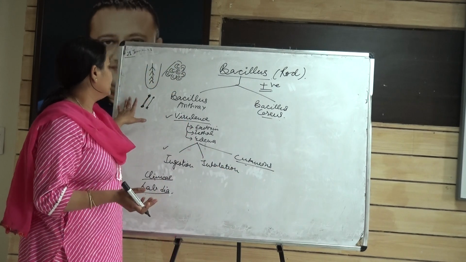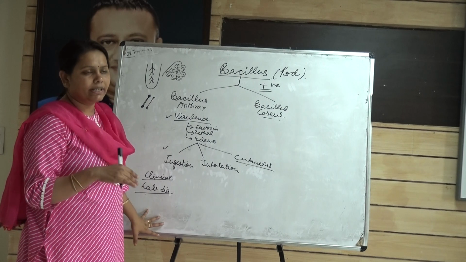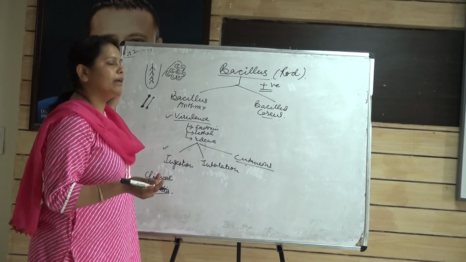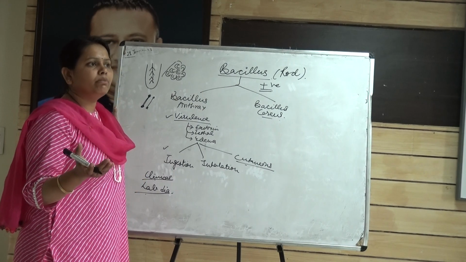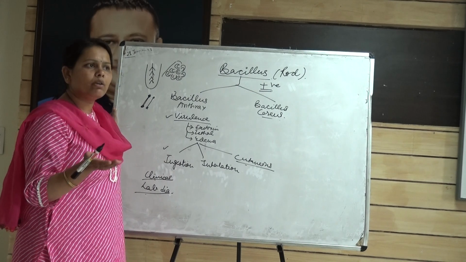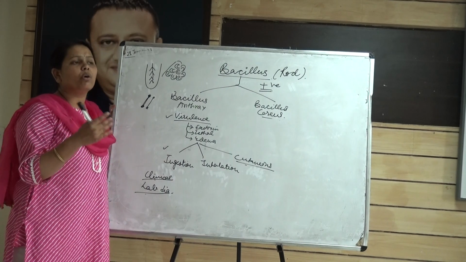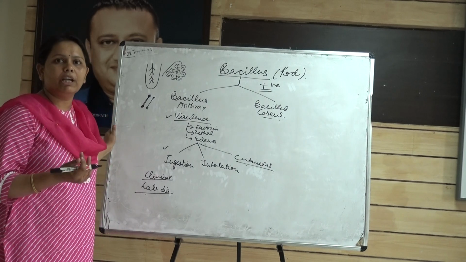On staining, there are gram-positive rods, and on culture we again have the Medusa head appearance and inverted tree appearance. Other than that we have investigations like PCR, and we can also do an X-ray or HRCT according to the symptomatology and the need of the case.